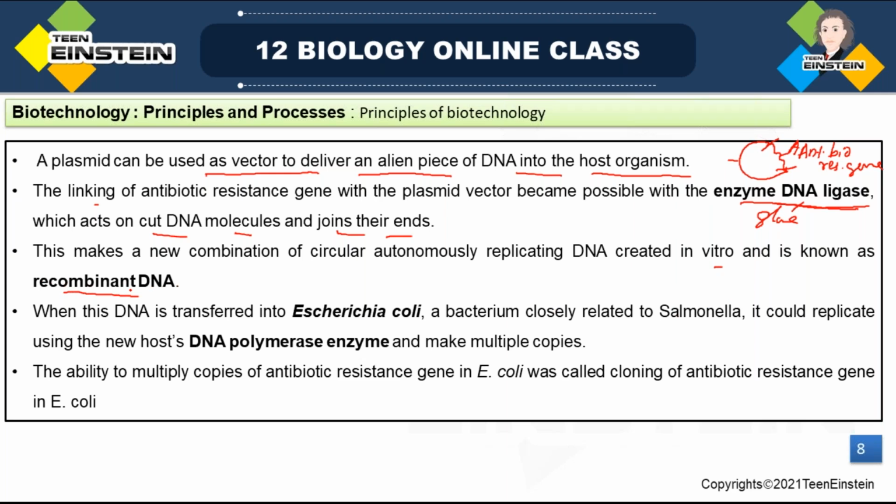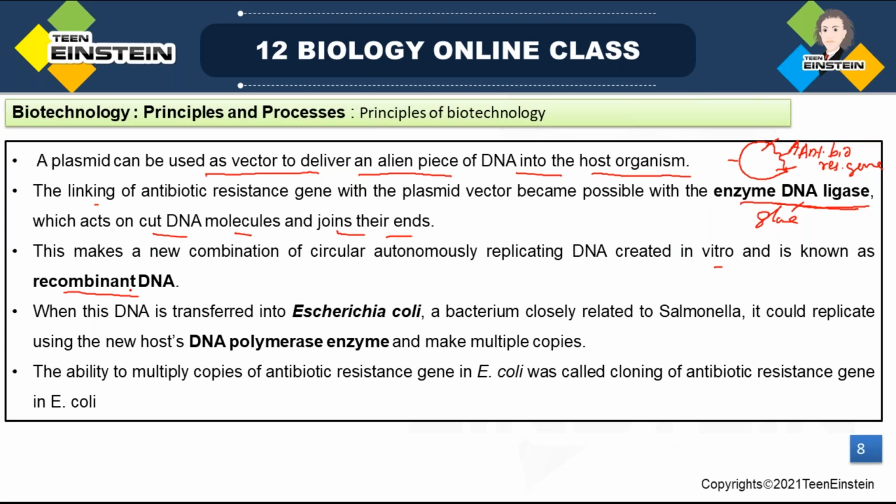There is a recombination, right? A plasmid vector is joined with a desirable DNA piece which is having a desirable gene. We are joining the antibiotic resistant gene with the plasmid vector, and that has autonomous replicating capacity, it can replicate itself.